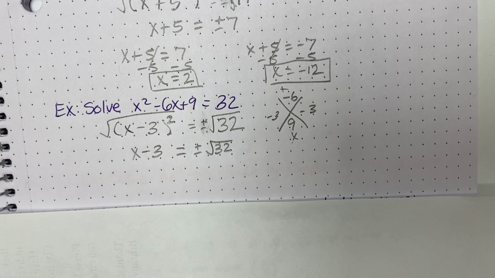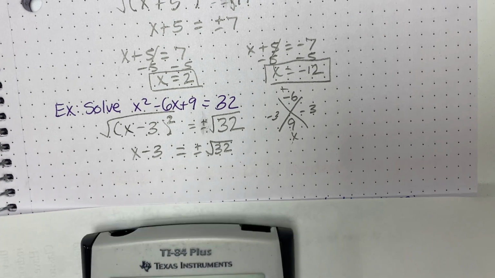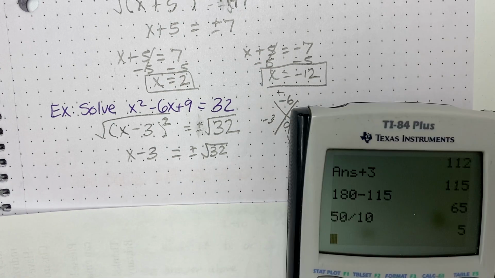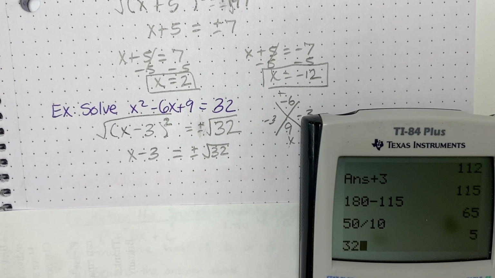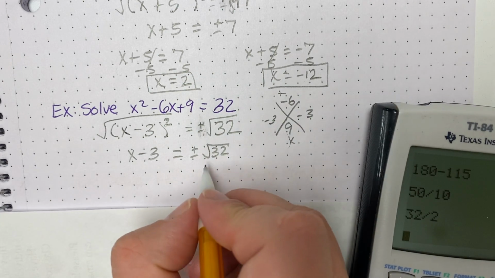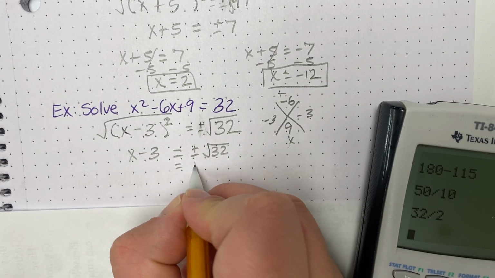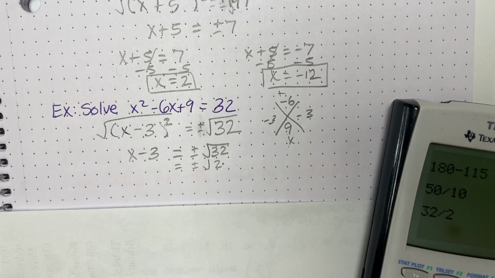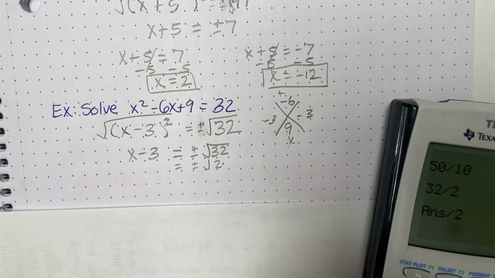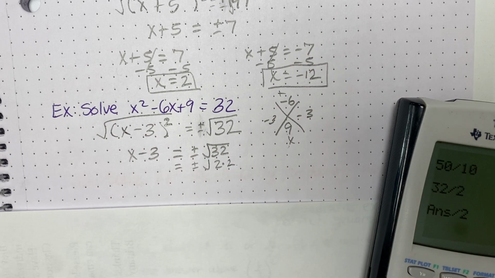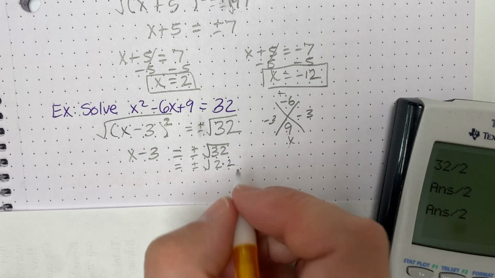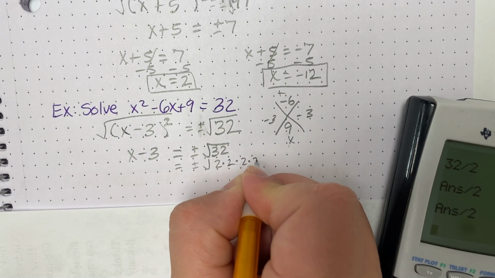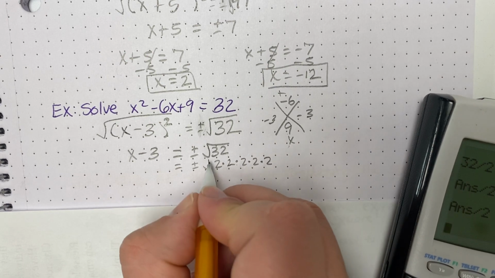Okay. 32 is not a nice number, so I need to figure out what factors go into it. I know that 32 can be divided by 2, so I'm going to figure out my perfect square here. I have 2 times 2 times 2 times 2 times 2.